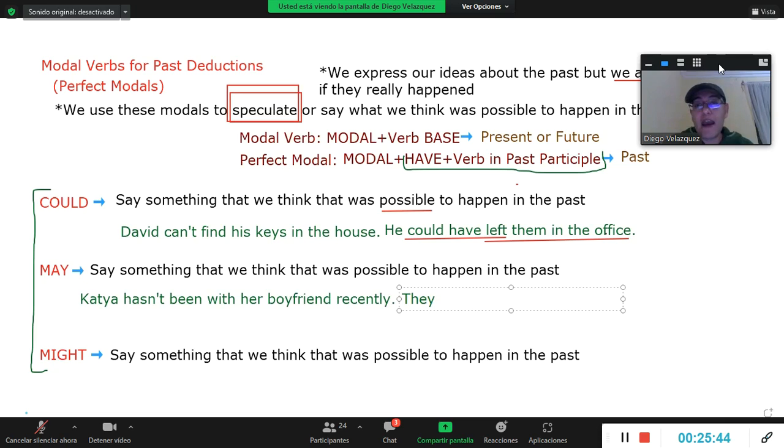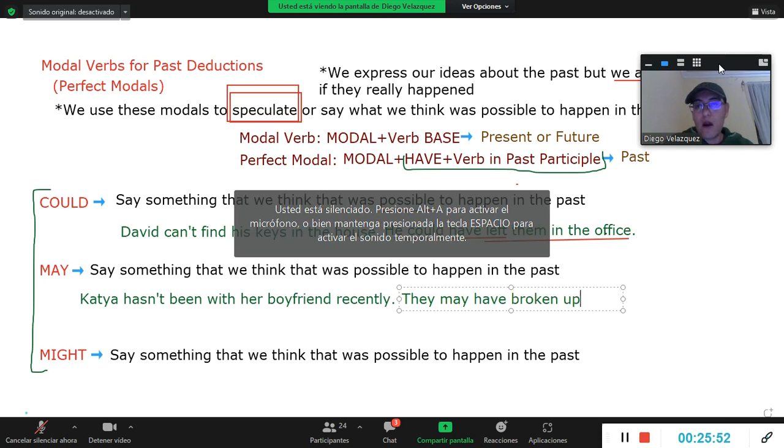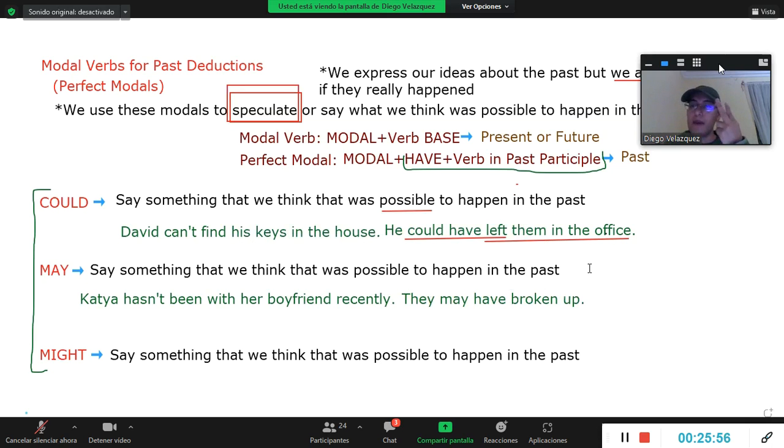My speculation, my idea is that they may have broken up, and that's it. Okay, so maybe it's possible that in the past, Katia and her boyfriend broke up, and that is the reason why Katia hasn't been with her boyfriend.